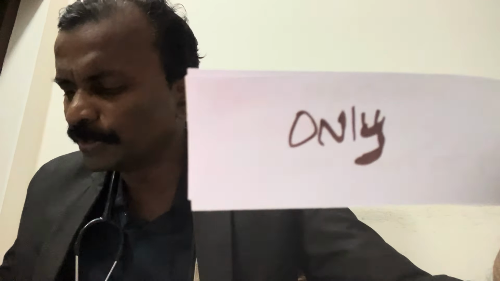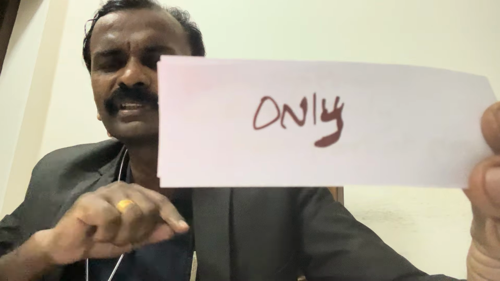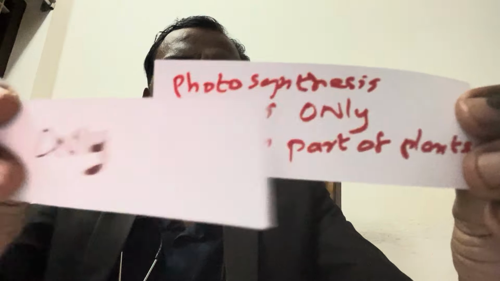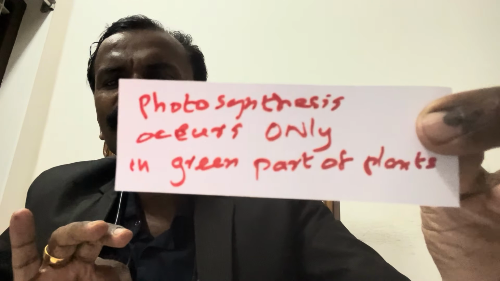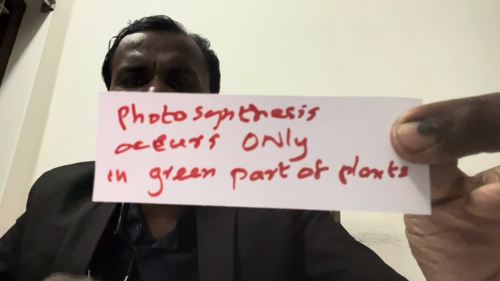The same words you can find in the textbook only. Any question? Photosynthesis occurs only in green parts of the plant.